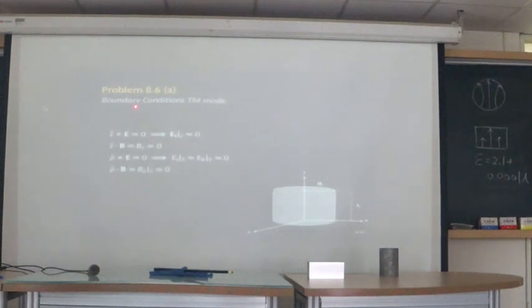So for the TE mode, we have the transverse electric field equal to 0 on the two end faces, and the Z direction field is always equal to 0 for TE modes, and the Z direction electric field is equal to 0 at the cylindrical surface. Finally, the rho direction of the B field is equal to 0 at the cylindrical surface.